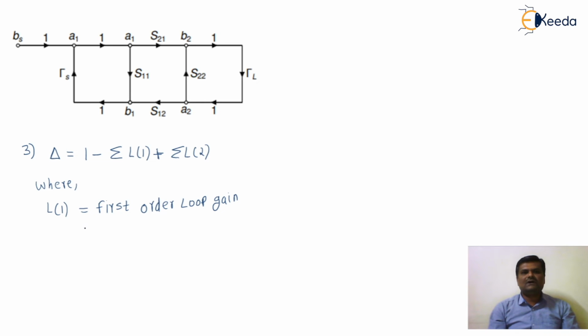So how many first order loop gains are there? There are three first order loop gains.